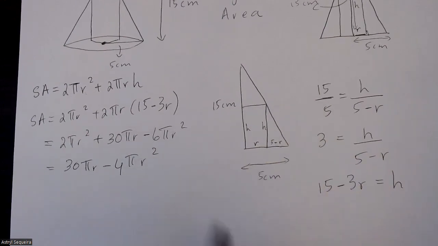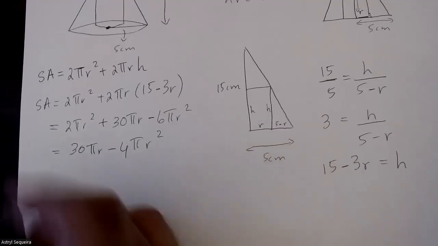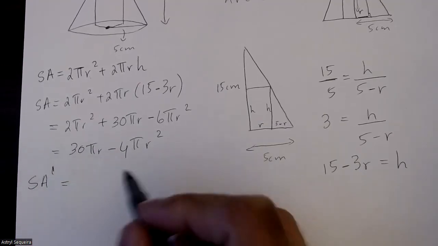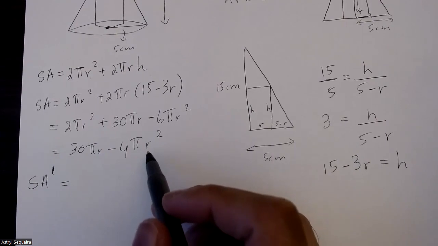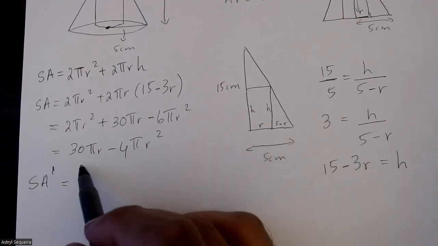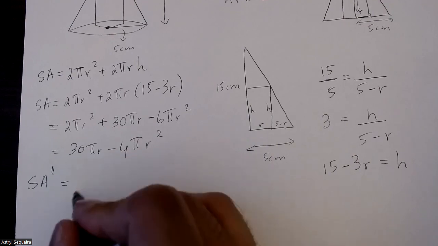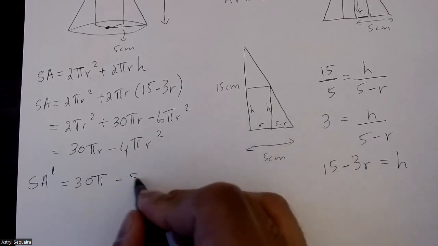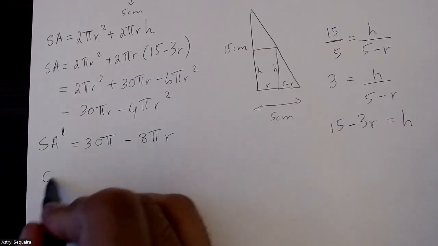I can derive it. So this is just going to be 30 pi. This is going to be 8 pi r. I can set it to 0 for my critical points.